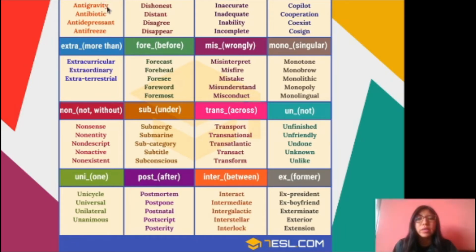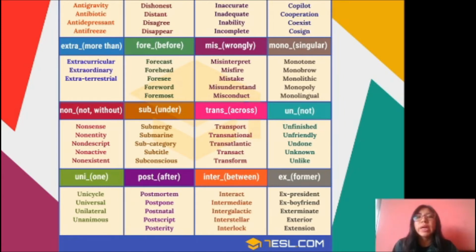Okay, so it's important that you notice that we don't have any rule in order to know what kind of prefix you are going to use. No existe ninguna regla que nos diga qué prefijo vamos a utilizar con una palabra. So we have to learn with our memory, with our mind.